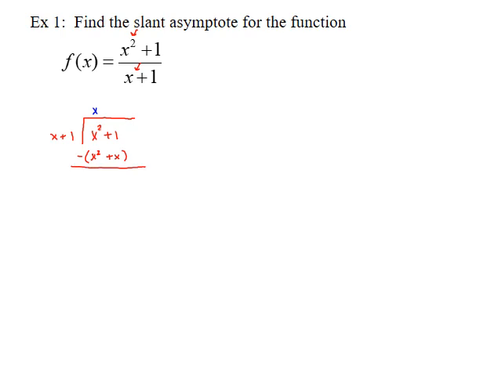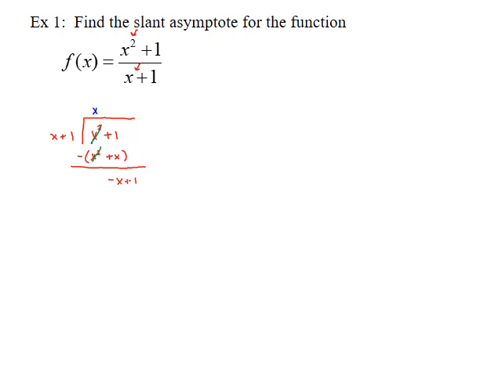Now every time you do this, since you're picking the number, you should always be able to cancel the first term, but everything else you have to simplify. There's not an x inside the divisor, so that's understood to be 0x. So 0x minus this x would be negative x, and then this plus 1 you can just bring down. Do it again. You can now say, okay, I want to get rid of negative x.